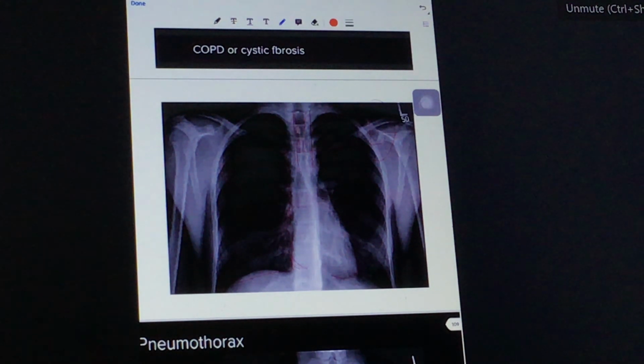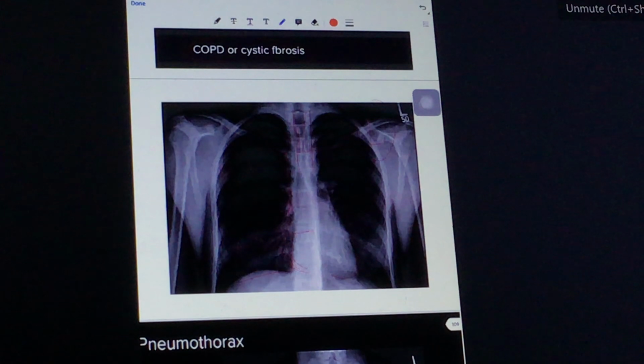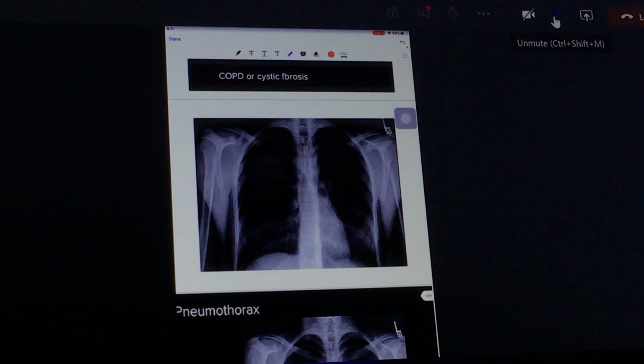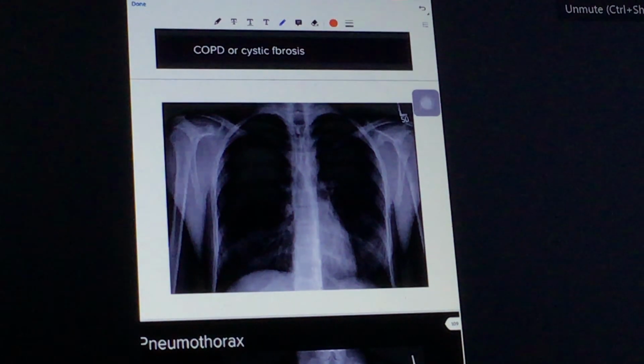In pneumonia, there is no shift of the medial structure. In pneumothorax, there is a shift away. The medial structure will be away from the affected side. I'm just using a different term. So shift to the left is the same as away from the affected side.